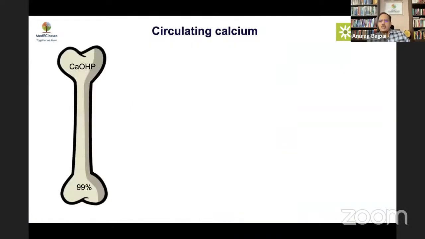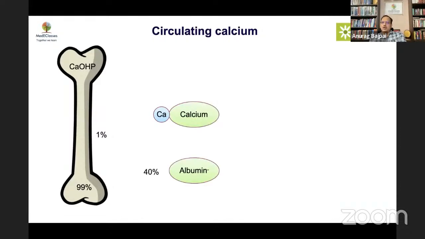So when we talk about calcium, what you need to remember is that 99% of our entire calcium is actually in the bones, and only 1% of it is available in the blood. Now, this calcium is bound largely to substances like albumin and phosphorus, and only 50% of it is free. It is the free calcium which is responsible for the action of calcium.